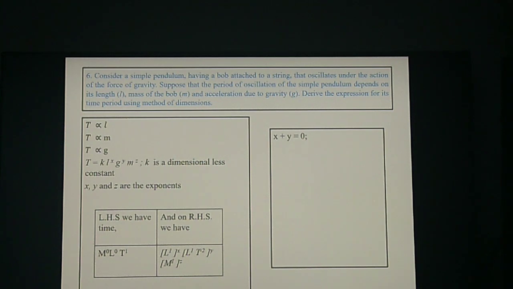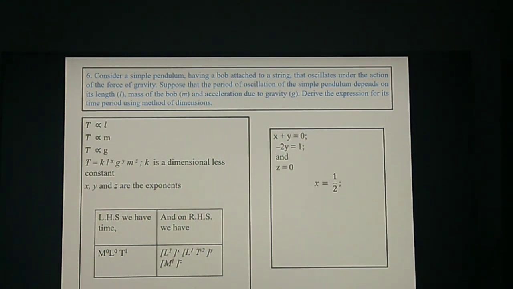Now comparing the exponents, we have x plus y is equal to 0, because for length dimension in LHS, l is equal to 0. Okay, again minus 2y is equal to 1, because in LHS t is equal to 1, but in RHS minus 2y. And the mass dimension is 0 in LHS, so z has to be 0.